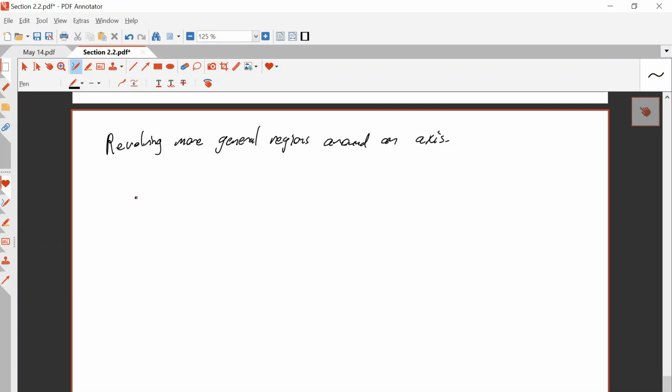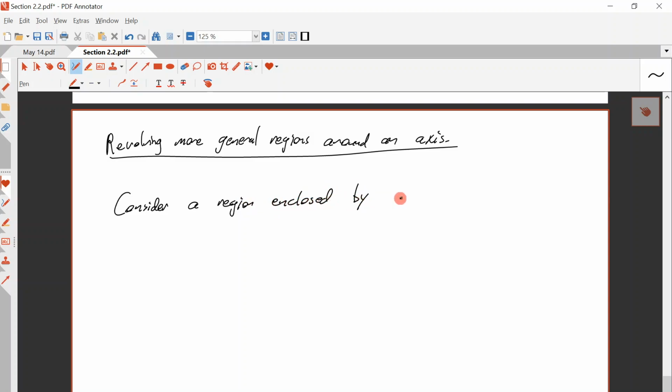Okay, so consider a region enclosed by two curves, just like we had in section 2.1.